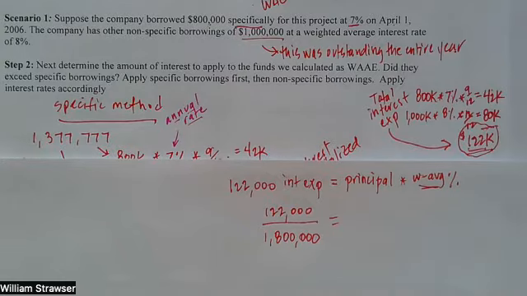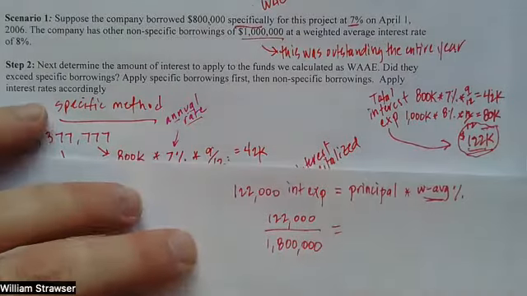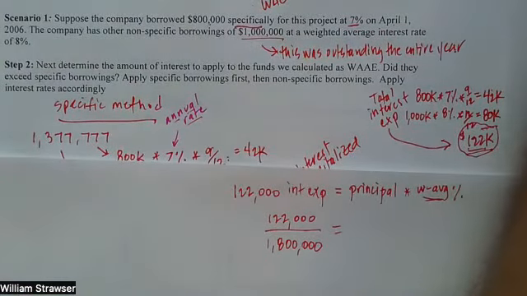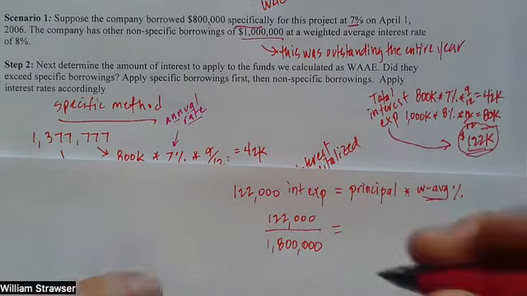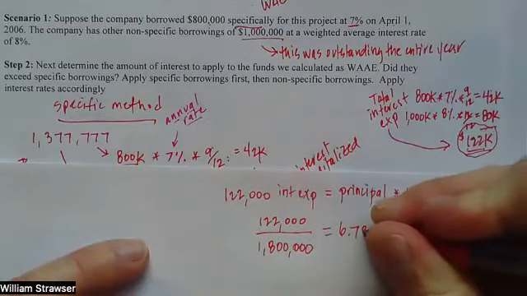No, that is right. Okay. Then I erased it. 122 divided by 1,800 is 6.78%.